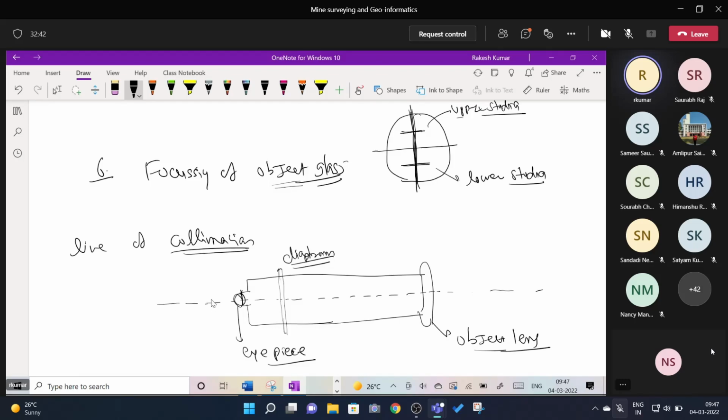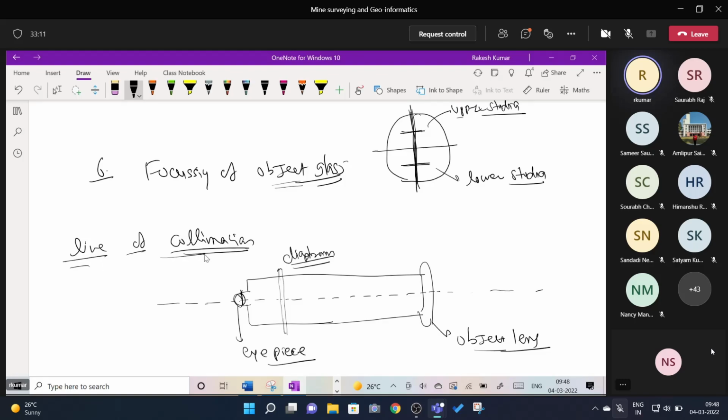The classical definition: the imaginary line passing through the intersection of the crosshair at the diaphragm and the center of the object glass. This is your line of collimation.